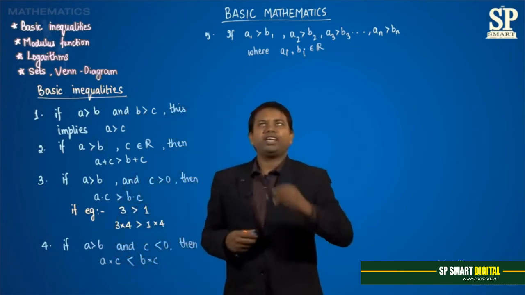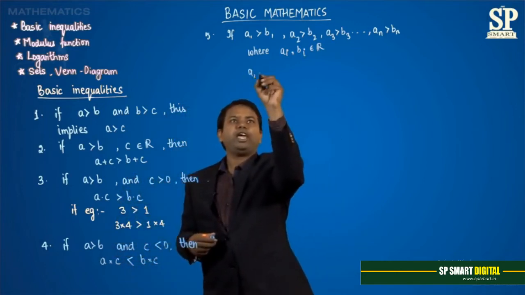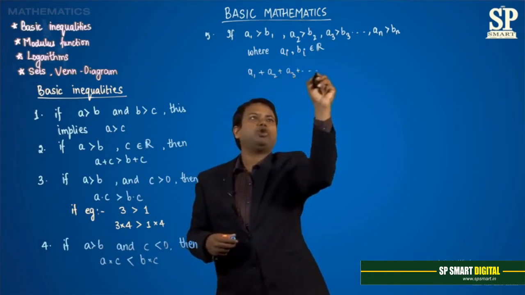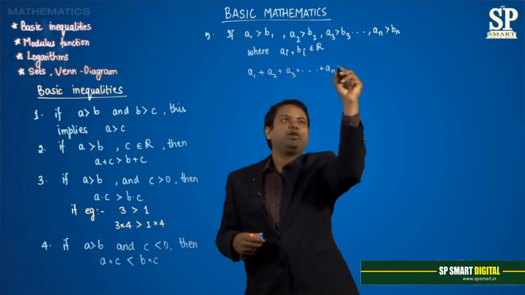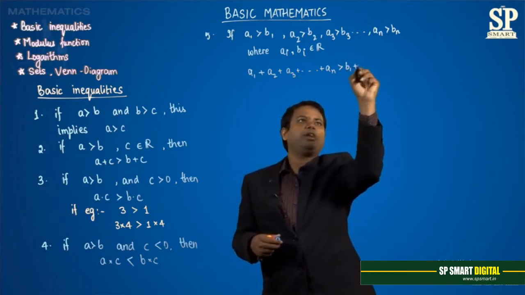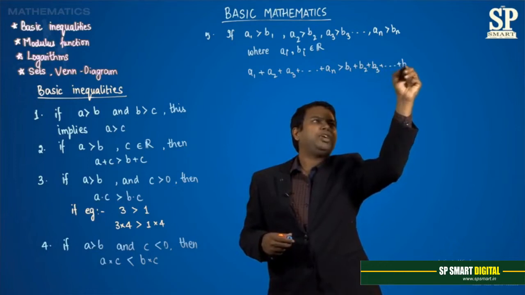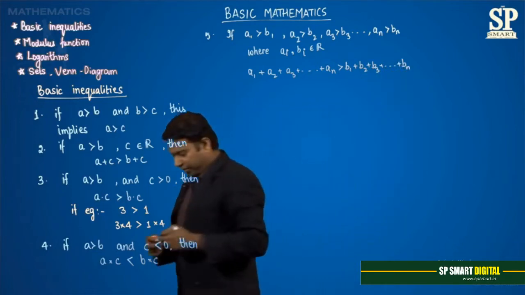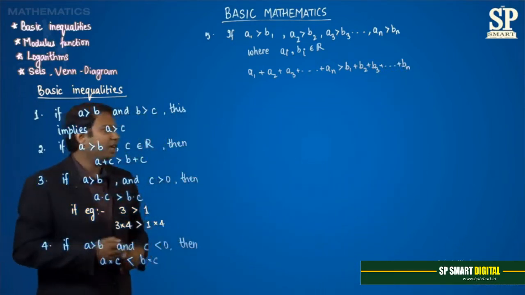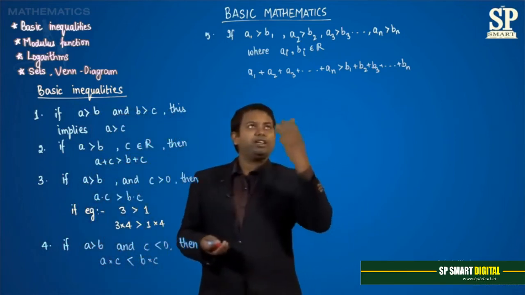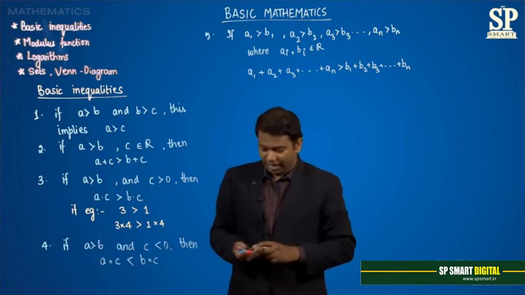In this case we can write A1 plus A2 plus A3 and so on up till An will be greater than B1 plus B2 plus B3 and so on up till Bn. So this is one of the easiest intuitive inequalities that you can think of, and this would be used many times.